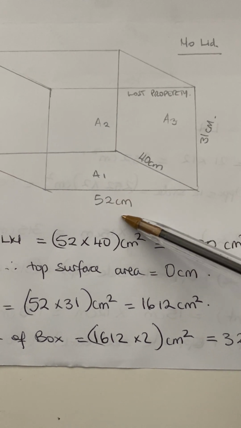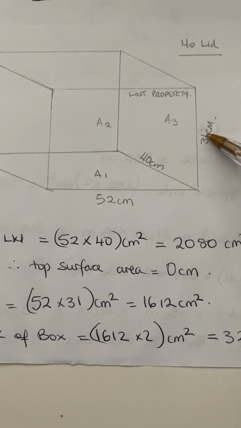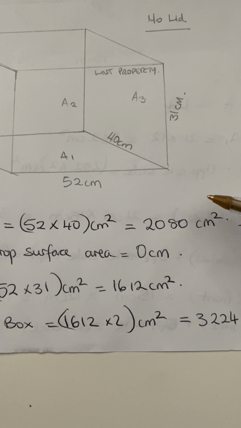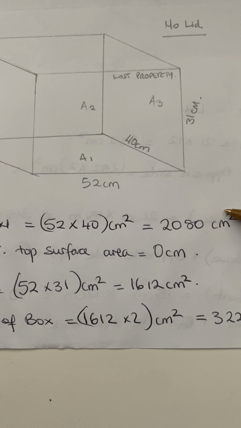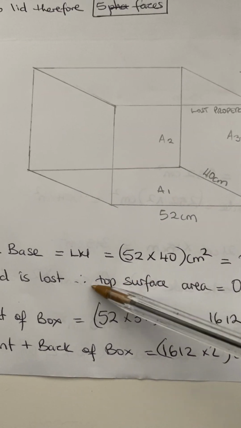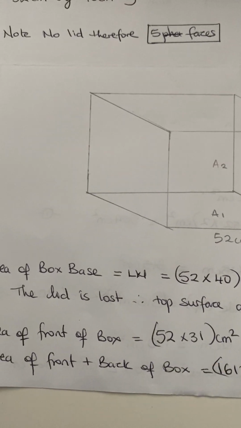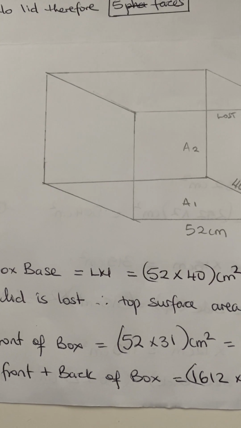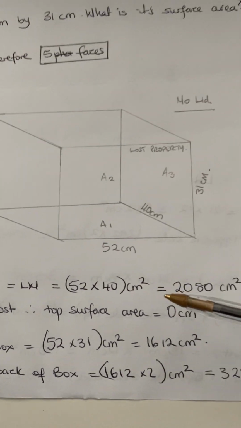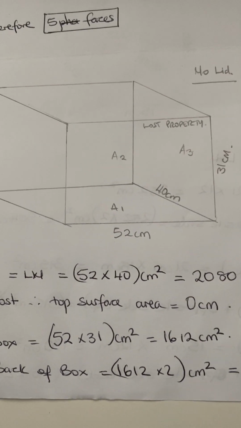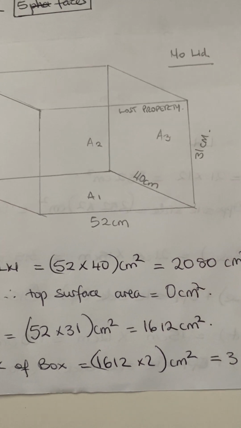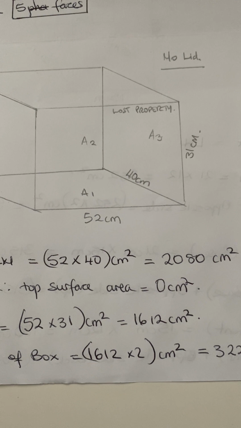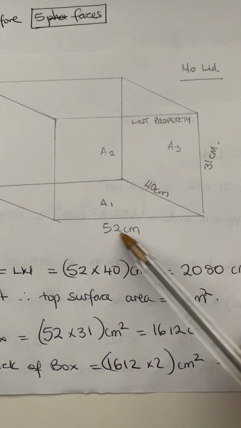The units are in centimeters, so area is centimeters squared. So this will be the space, but the top is empty, so the surface area for the top will be 0 centimeters squared. Okay, so we found the base.